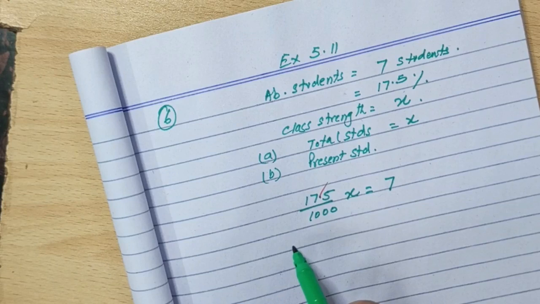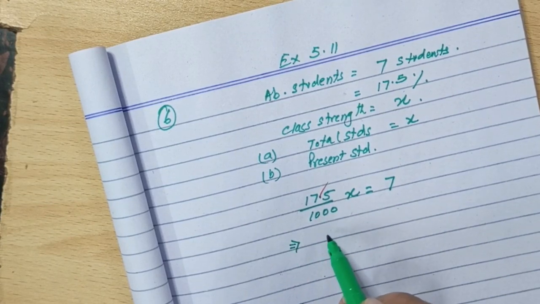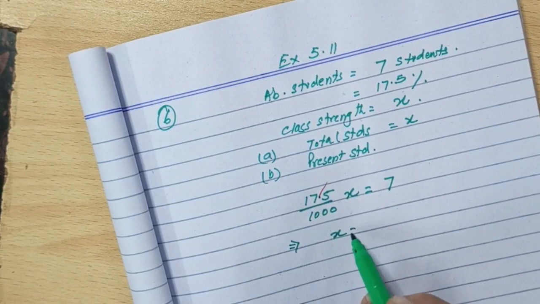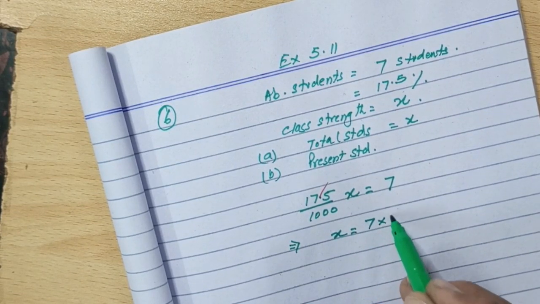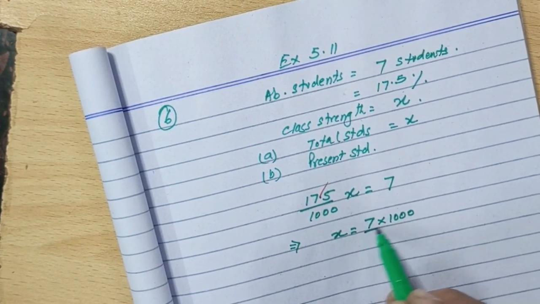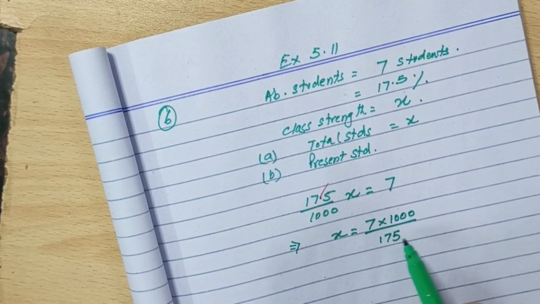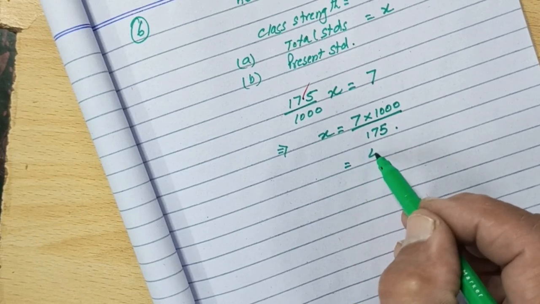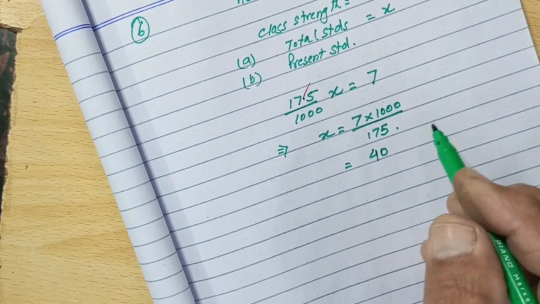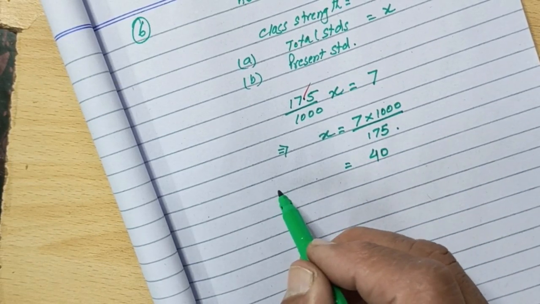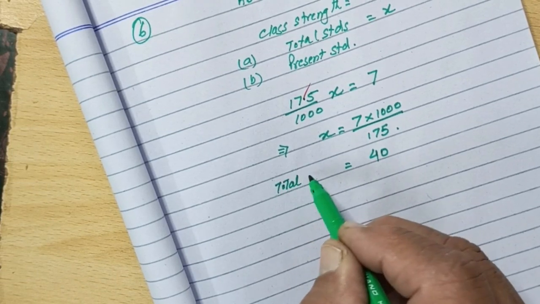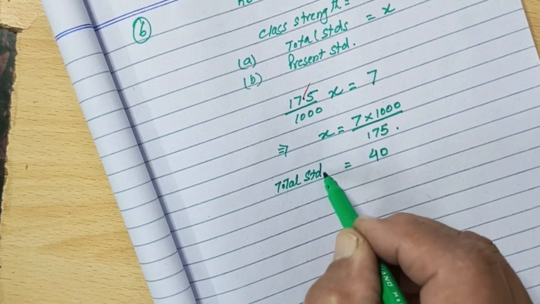So what we do, we just eliminate this fraction from here and put it over here to find the X. Multiplied by 7, 1000 divided by 175. So X is equal to 40. Now this is the class strength or total students.